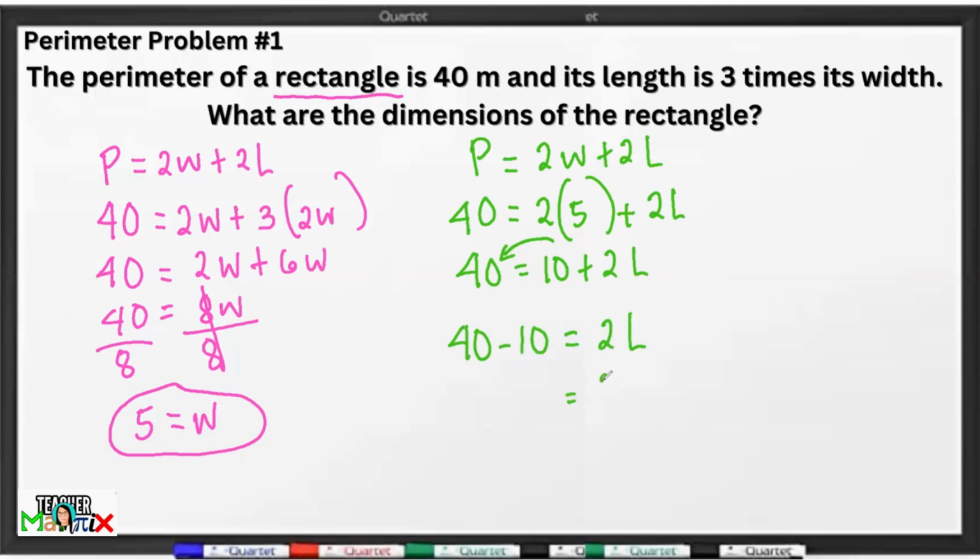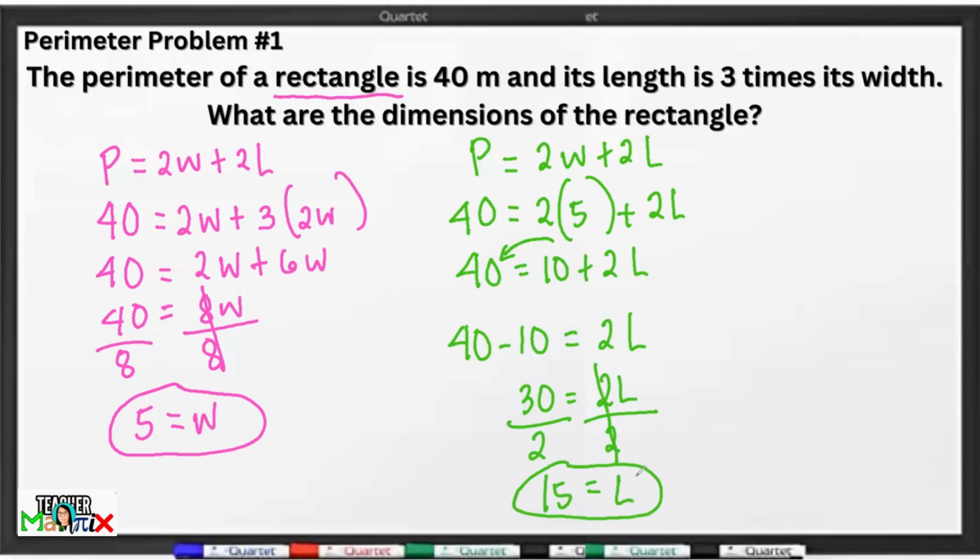Okay? Then 2L. 40 minus 10, that's 30. Okay. Over 2. Over 2. Okay, cancel. Ang natira ay L. 30 divided by 2. We have 15. So, ito na yung length ng rectangle natin.